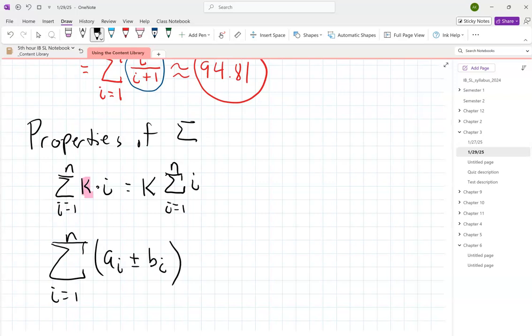If I have the sum or difference of 2 or more things, basically this summation can just kind of distribute.